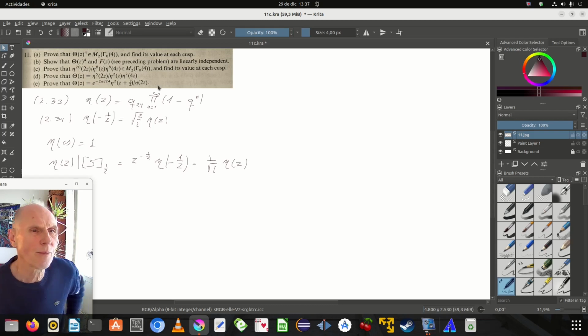Well, let's first prove that it's invariant under gamma naught of level 4. It's generated by T and S, I think it is.